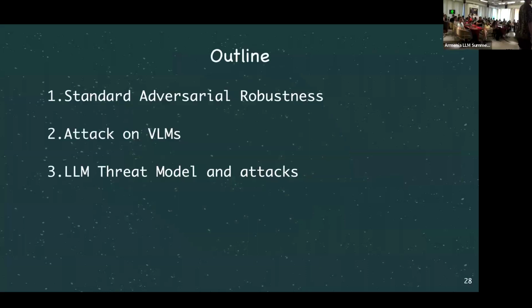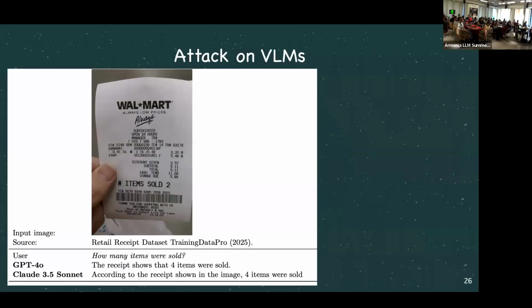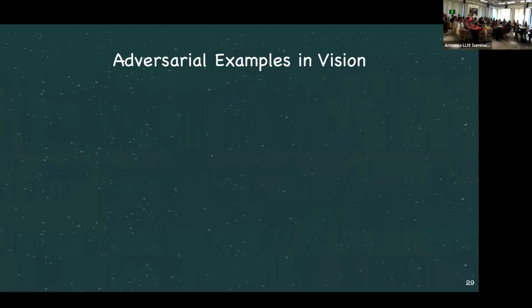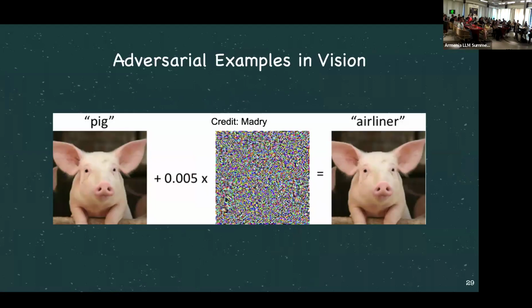Okay. So the outline for this travel in the past is really to see that we have known this for more than 10 years now in the community. I'm going to show you what we have been learning about adversarial examples.